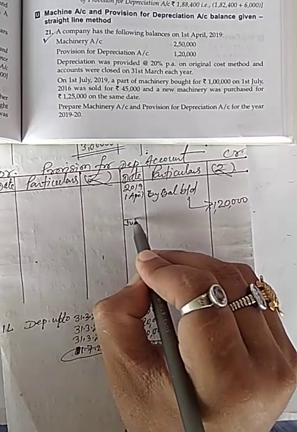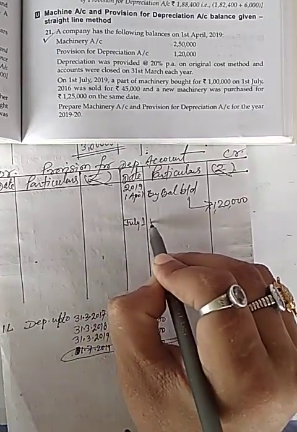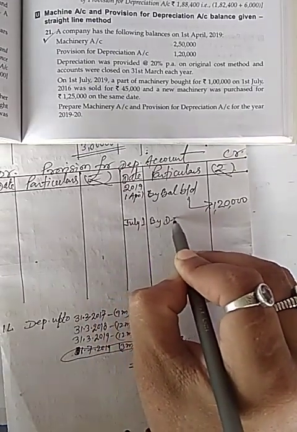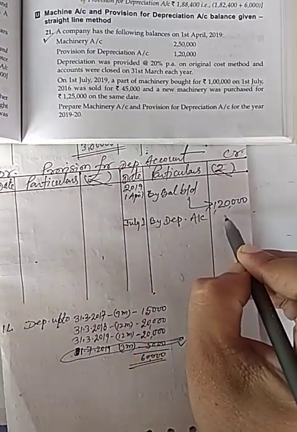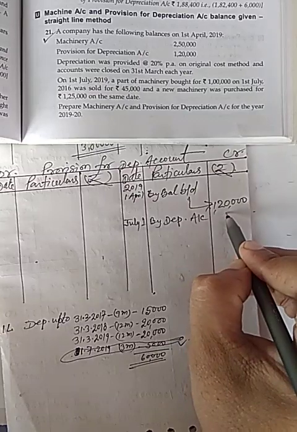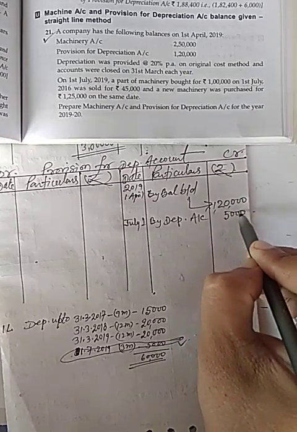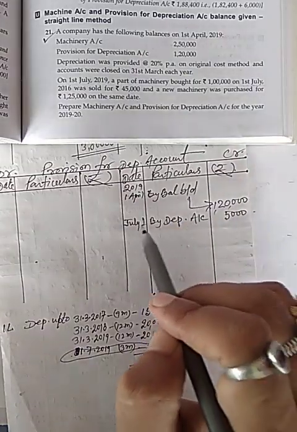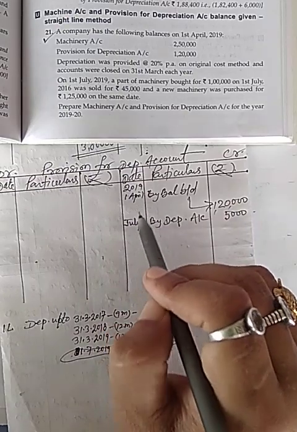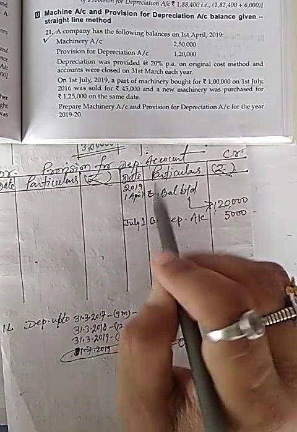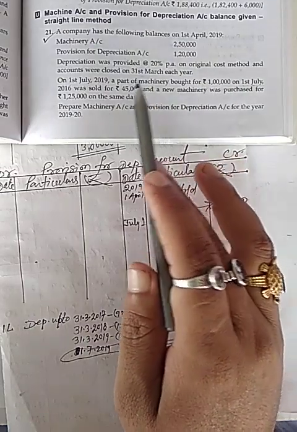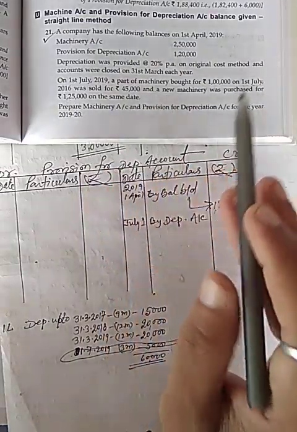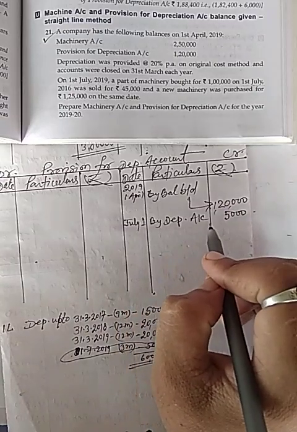I will write July 1st by depreciation on that machine which is sold on 1st July. It will be 5,000 only, because in this year, 1st April to July on 1 lakh at the rate of 20% per annum, depreciation will show 5,000.